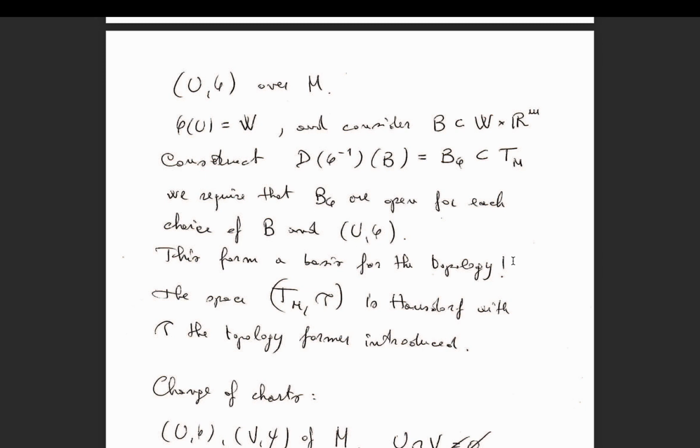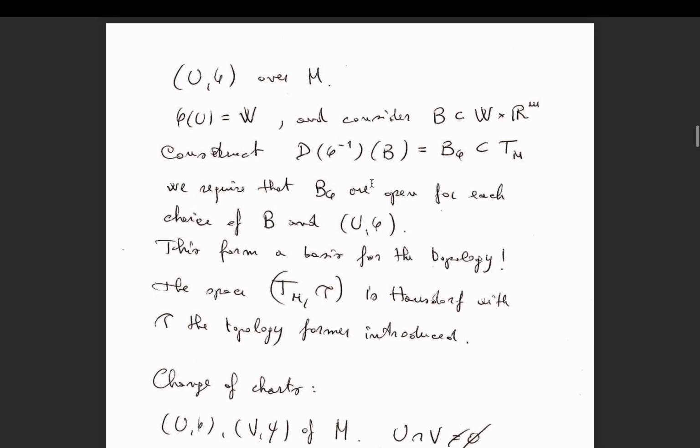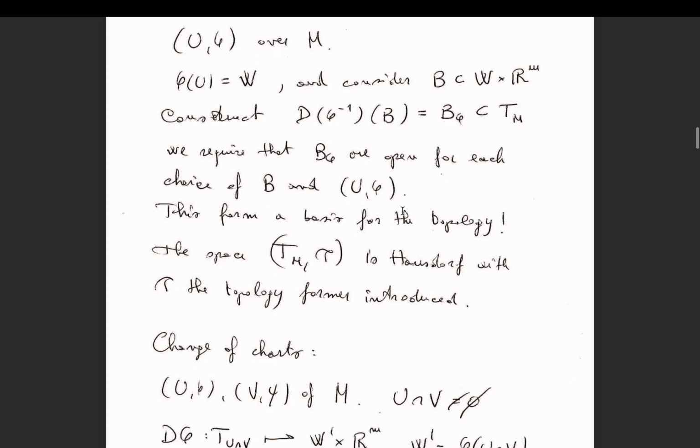So we have obtained a topology on the tangent bundle, which is also trivially Hausdorff, and we have these maps Dφ, which in turn act like coordinate homomorphisms.